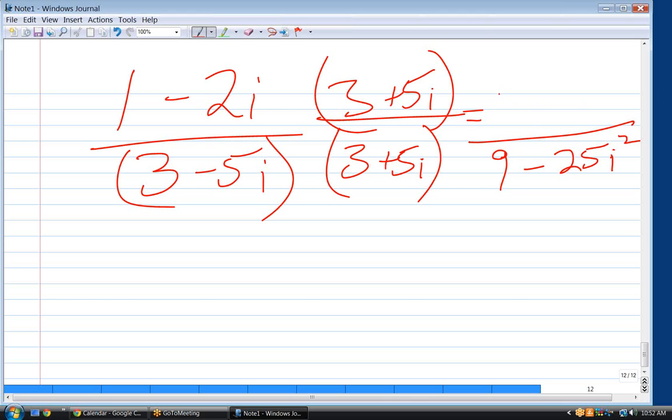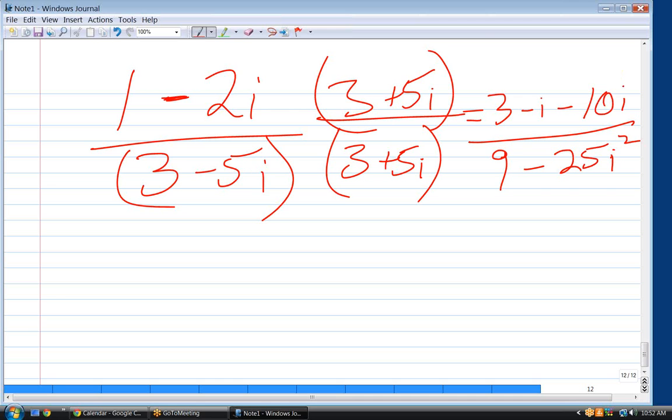What's the top? 3 plus 5 minus, so plus 1, or minus 1, or I mean, plus, no, minus 10i.